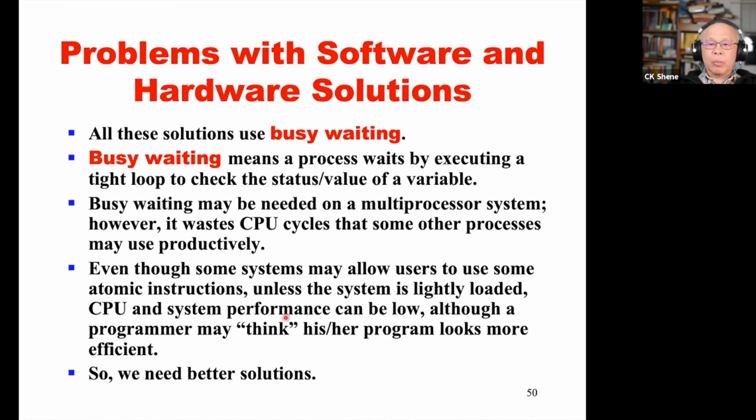Now, some systems may allow users to use some atomic instructions, such as Intel x86, unless the system is lightly loaded. If you use atomic instructions so frequently, CPU and system performance can be low. Although, from a programmer's point of view, his or her program may look more efficient.